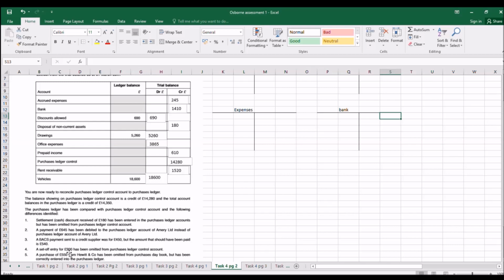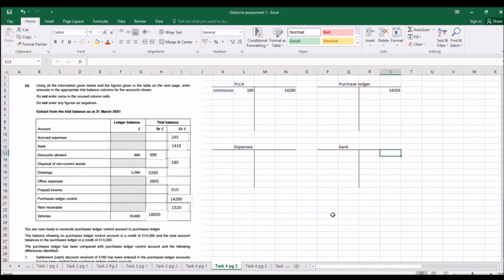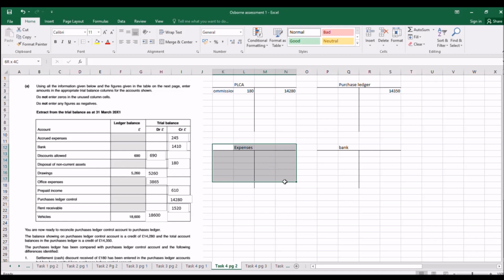A set-off entry for £300 has been omitted from the purchase ledger control account. That isn't an issue. So we would have another T account here, and here's our sales ledger control account. So we would have a debit balance in our sales ledger control account. We've set off 300 against it, and we've missed out here the debit against there.